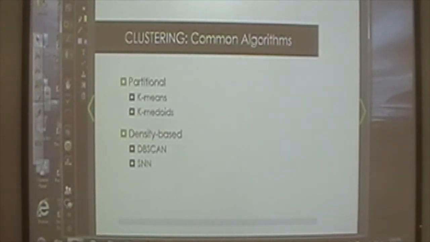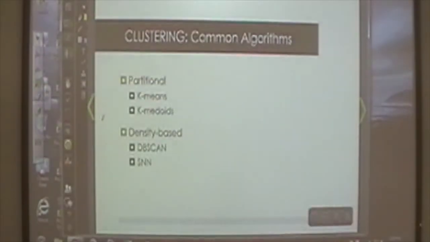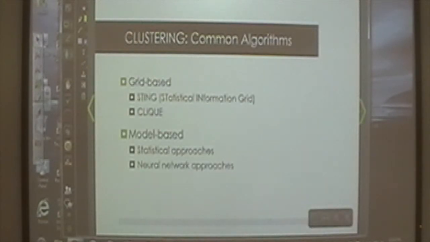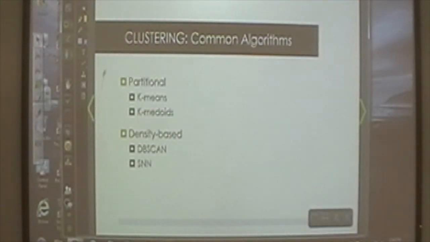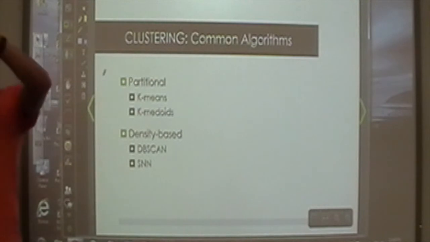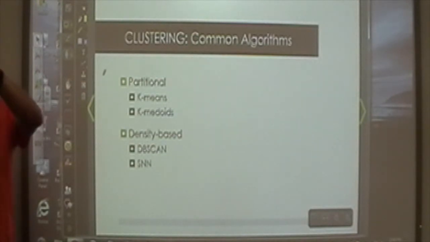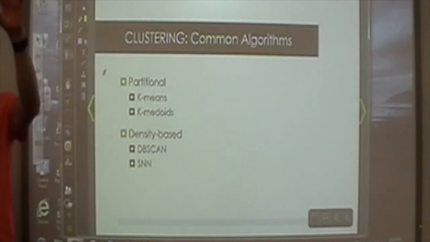I think I missed a slide, hierarchical. This goes back and forth. I must have missed that slide. So versus hierarchical, you've got what are called partitional algorithms, which basically just separate out your clusters.